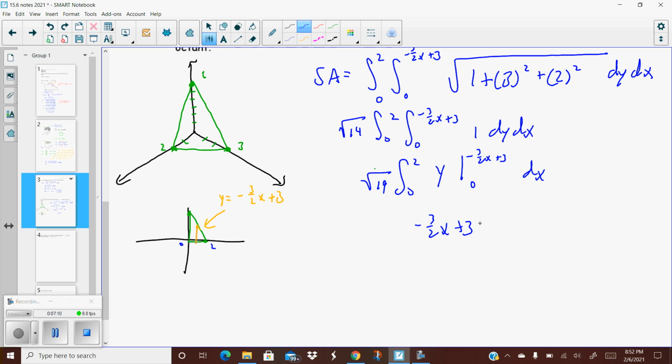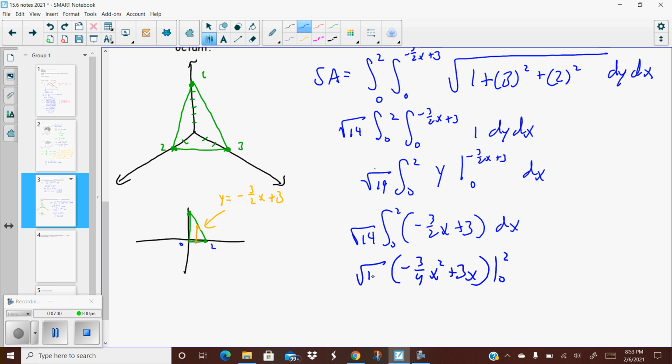Plugging in 0 leaves you with nothing. So then we have to do the antiderivative of that with respect to x. So let's see, that'll become negative 3/4 x squared plus 3x evaluated from 0 to 2. Don't forget the square root of 14.